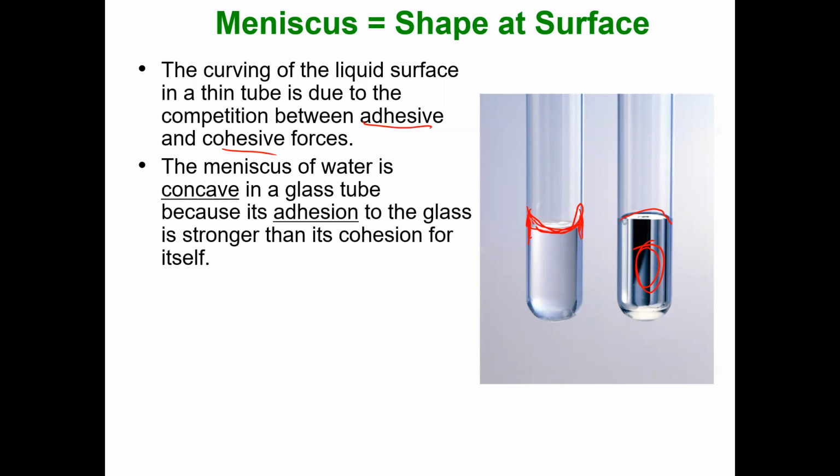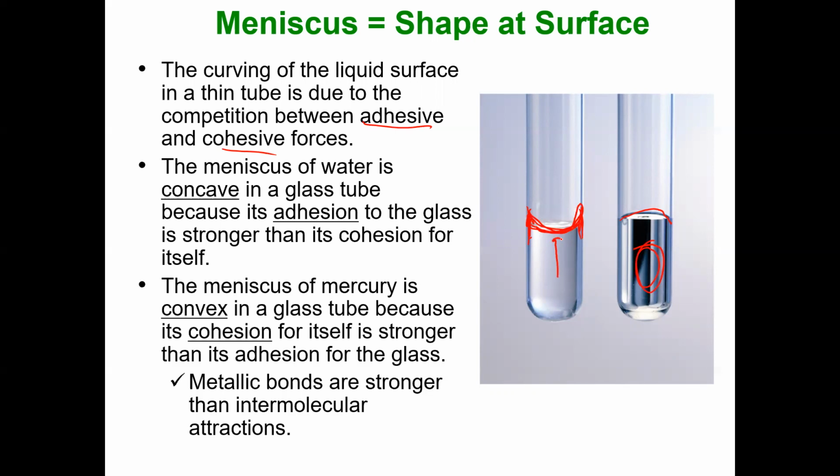So that's why it's kind of sticking on the edges, but it can't pull the bulk up anymore. The meniscus of mercury is convex. So convex, it's in a different shape. And that's because it's actually more attracted to itself. And that's because metallic bonding is extremely strong. That's why metals have such high boiling points.